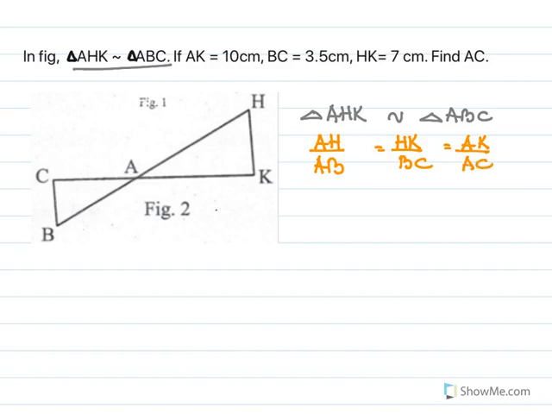We put the values. AK was given as 10, BC 3.5, HK 7. We have to find AC. We put AC as X.